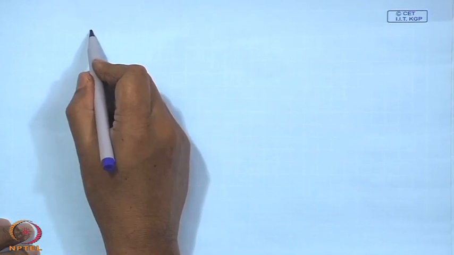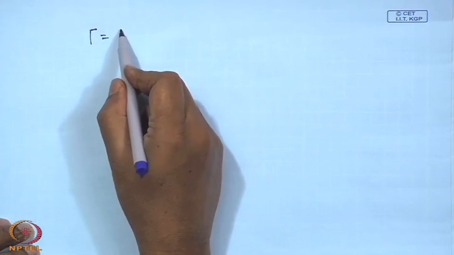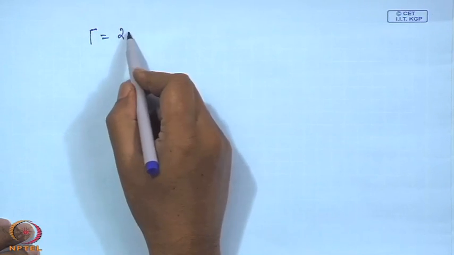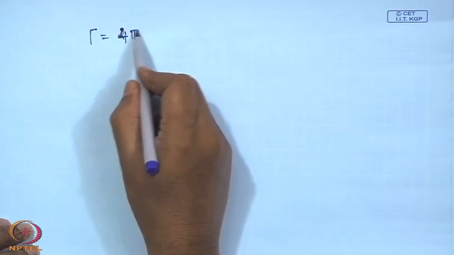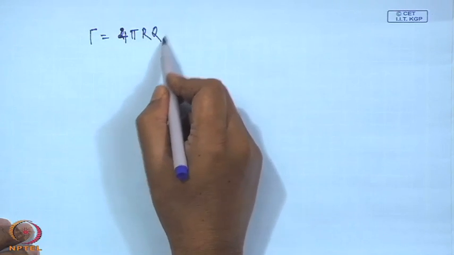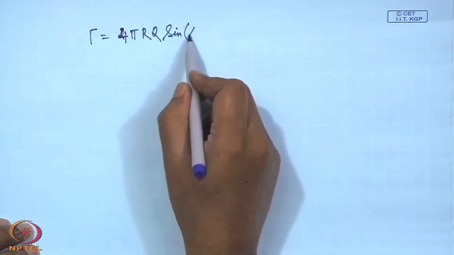The circulation gamma equal to 4 pi r q infinity sin alpha plus beta.